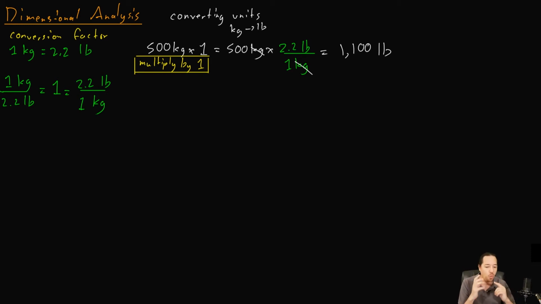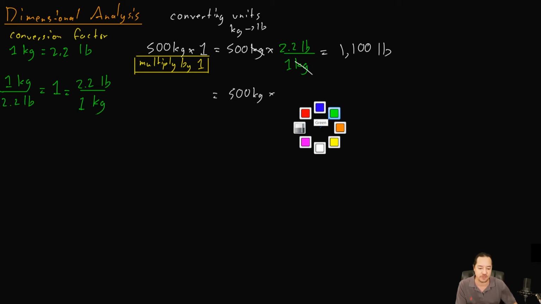Okay, why did I choose this conversion factor, right? I chose this one and not this one. Why? Well, what happens if I choose this first conversion factor? We would get 500 kilograms times 1 kilogram over 2.2 pounds, right?